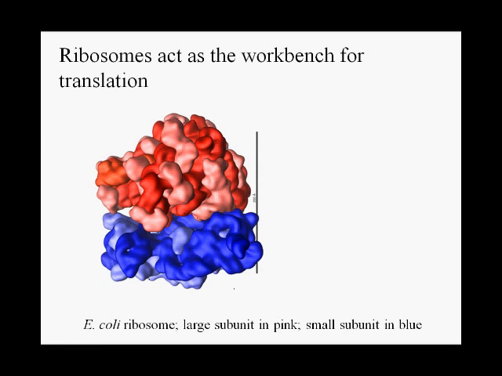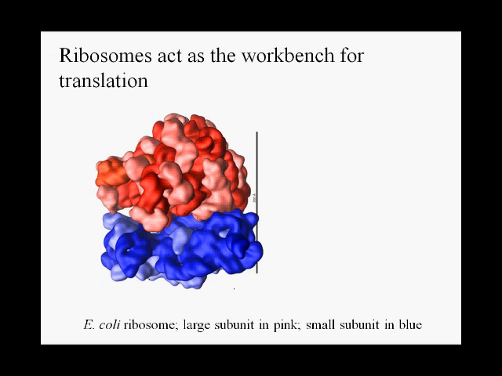Once the RNA molecule is finished being made, it can be translated. The process of translation requires a number of different players. The most important, well, okay, they're all essential, so one isn't any more important than the other. So one of them is the ribosome.